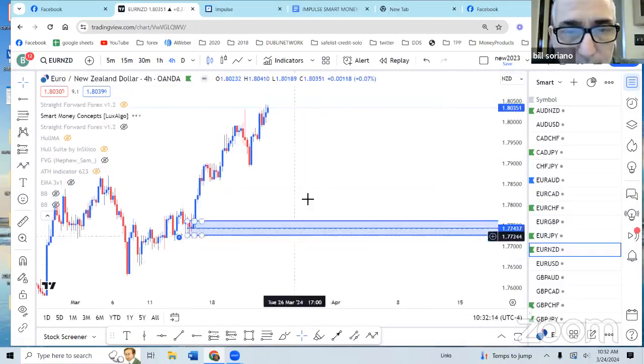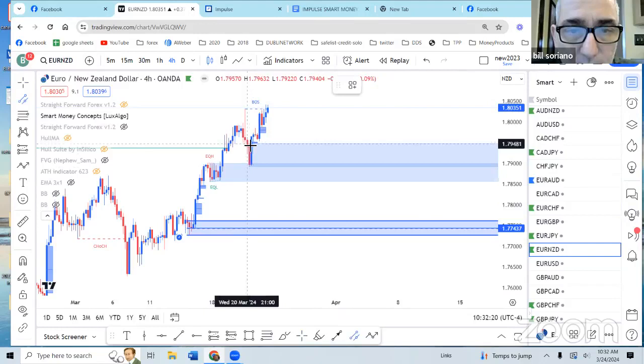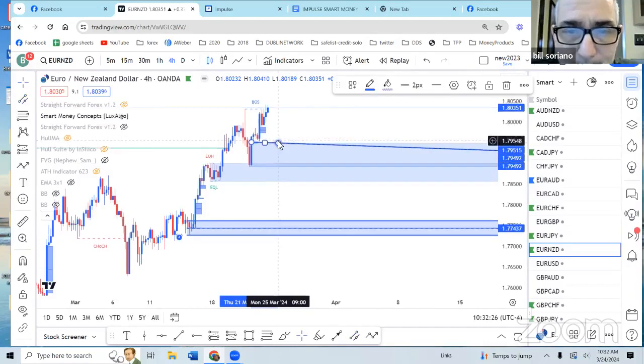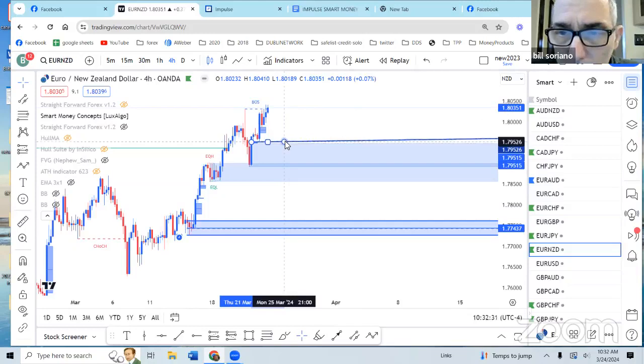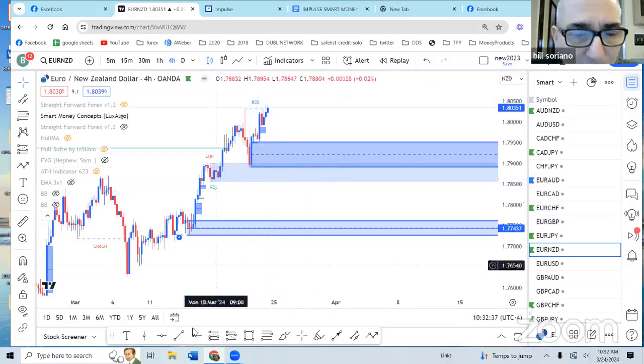Okay, we have this order block here, but we're going to get some new ones. Okay, so we're going to grab our parallel tool. We're going to grab this order block right here. Try to get that level. Didn't quite get it level. This is why I like to do this freehand, because it's a little bit hard to use this tool.